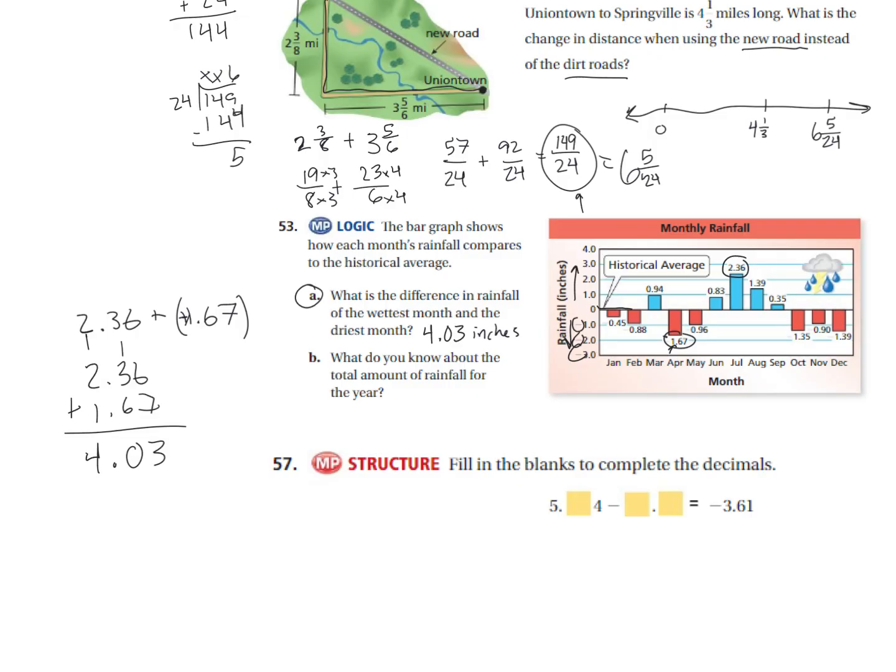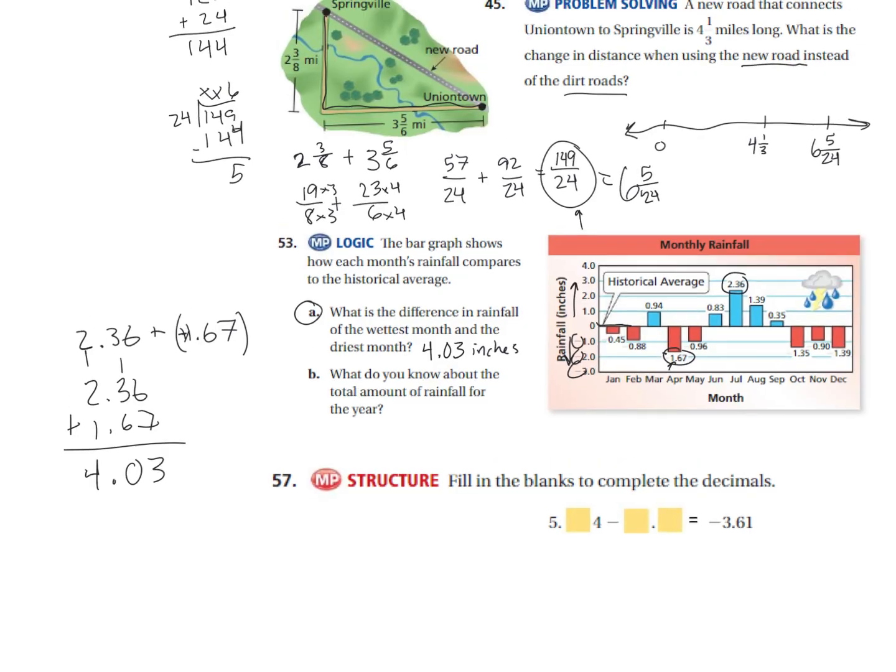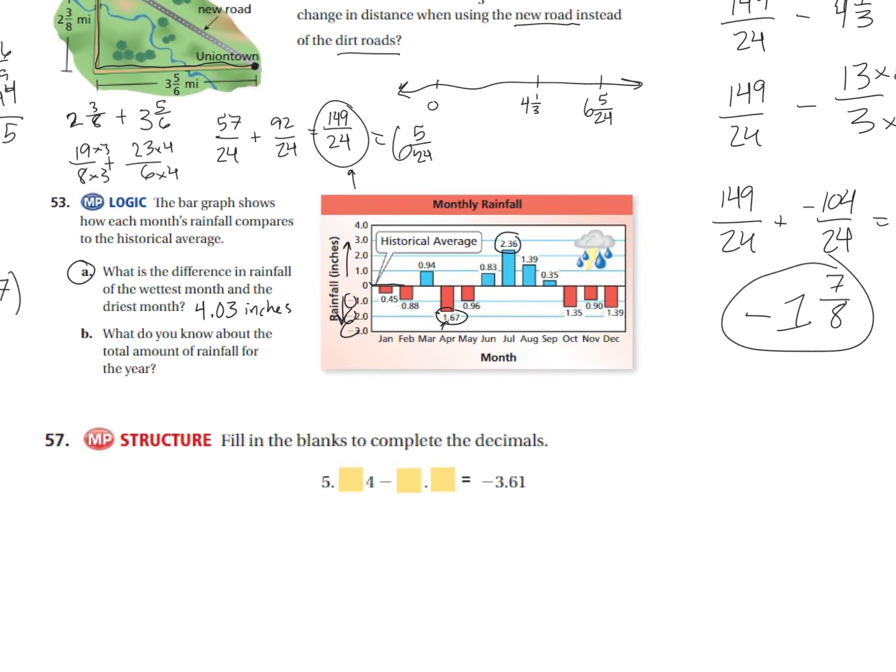Okay, for the total amount for the year, we would need to look at adding up all the times where we were above our rainfall average and all the times we were below our rainfall average, and compare for the entire year, where am I actually at versus the historical average. So what we're going to do is add up all of our positive values first. So I have 0.94, 0.83, which gets me 1.77.